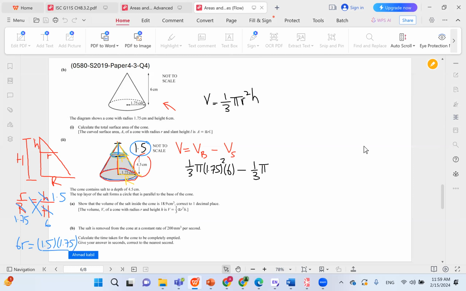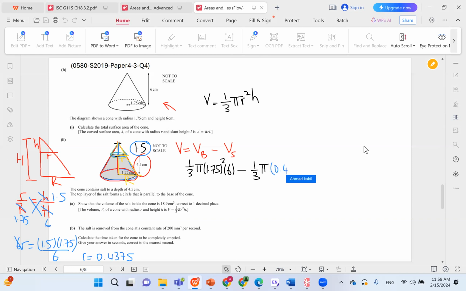And then we divide by 6 to isolate the r. So 1.5 times 1.75 divided by 6 gives you 0.4375. This is the small radius, and we can put it into the equation.